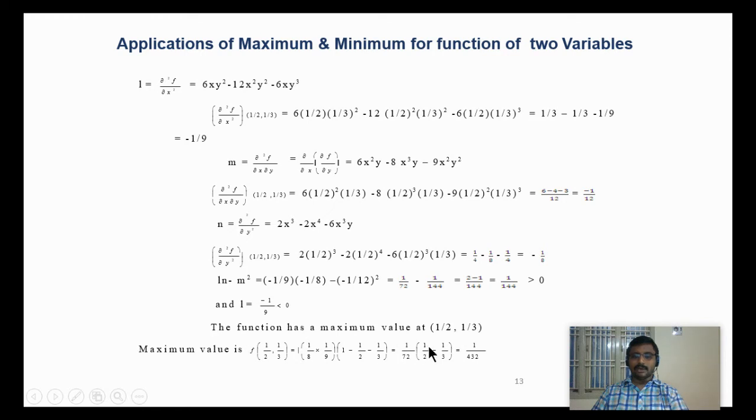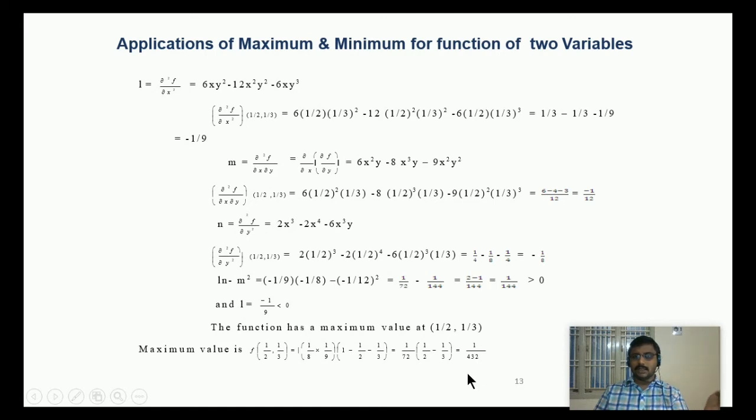Thus the maximum value is obtained just by replacing half comma 1 by 3 in the given function, that is, the given expression x cube y square into 1 minus x minus y. Substitute the x, y values in the given expression, and then simplifying we will get the required maximum value, that is 1 by 432. So simple.